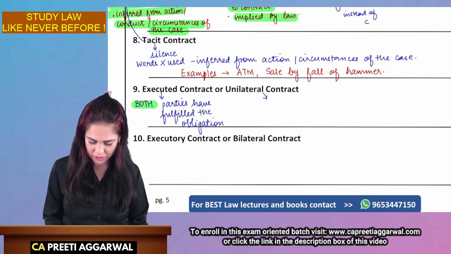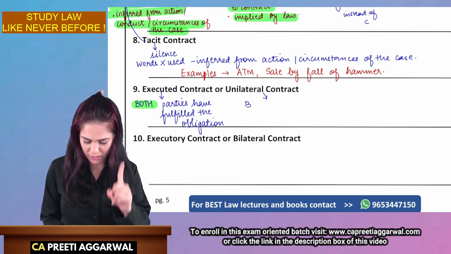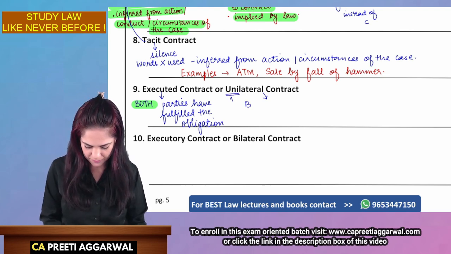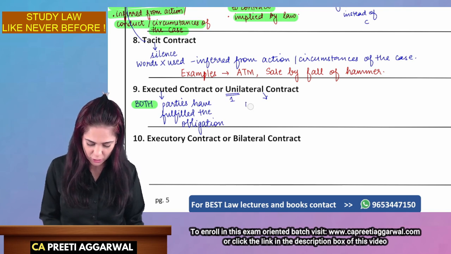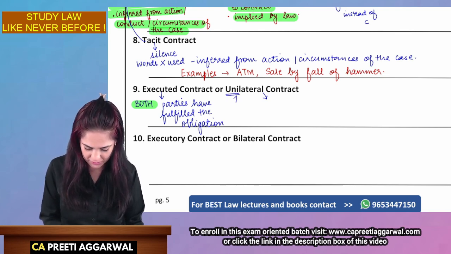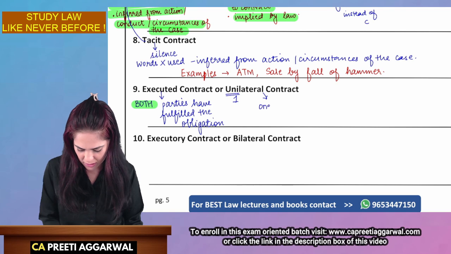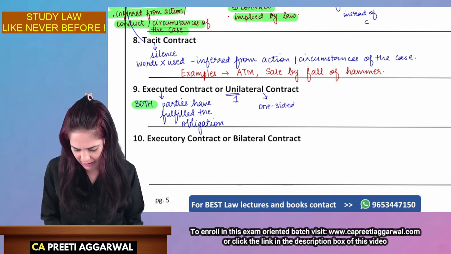What is unilateral contract? Uni means one. What are my keywords? It is a one-sided contract.